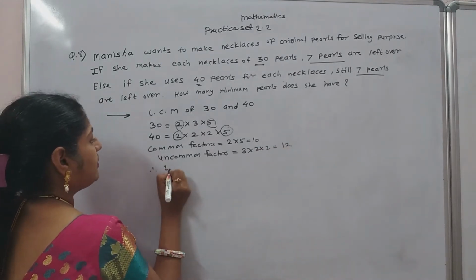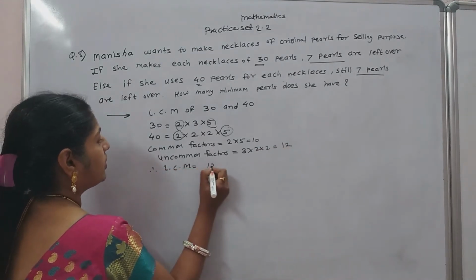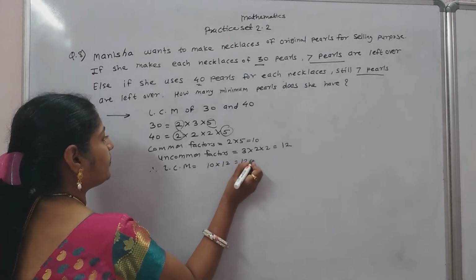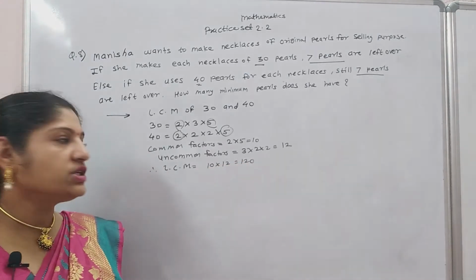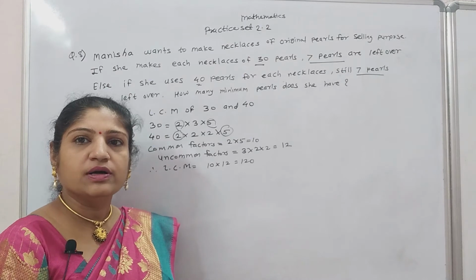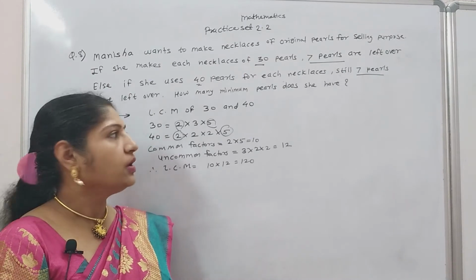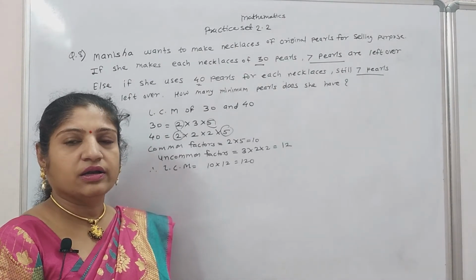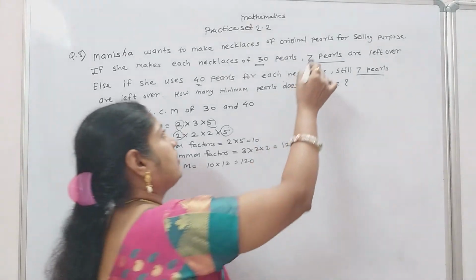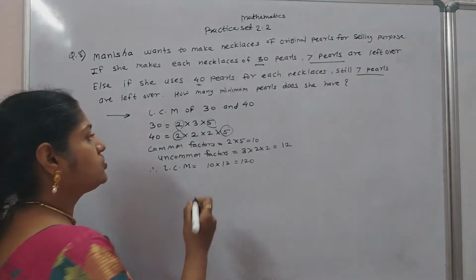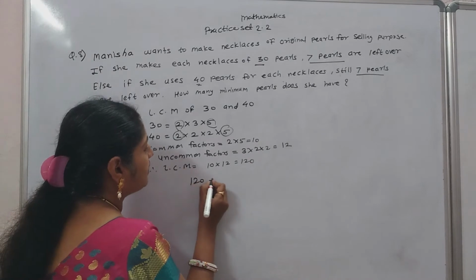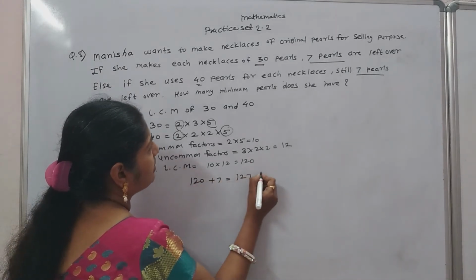So LCM equals common into uncommon, 10 into 12, 120. If she has a minimum of 120 pearls, then 0 pearls are remaining. But each time there are 7 pearls remaining, so she must have 120 plus 7, 127 pearls.